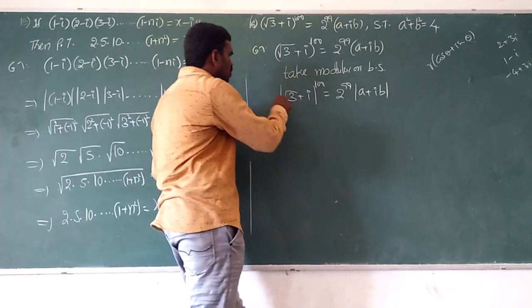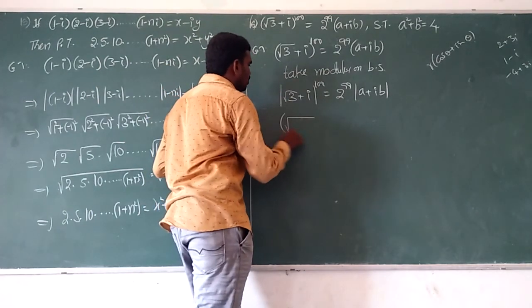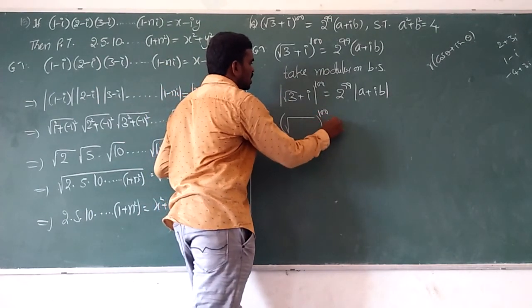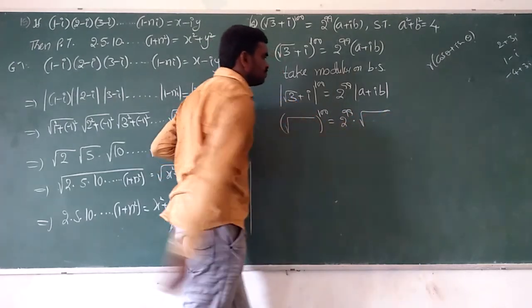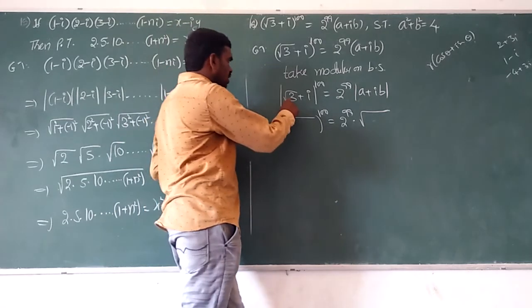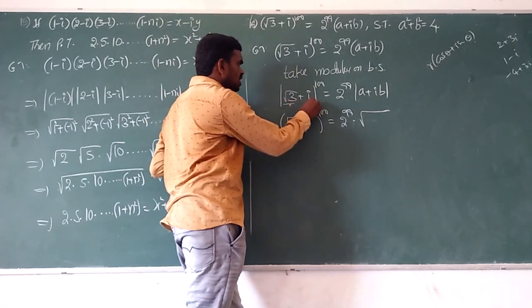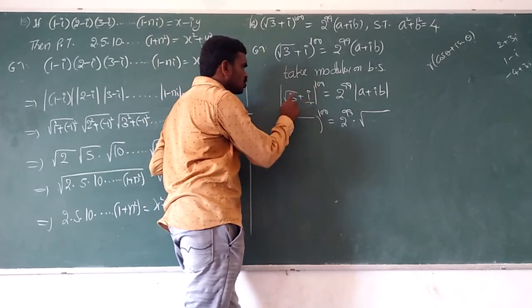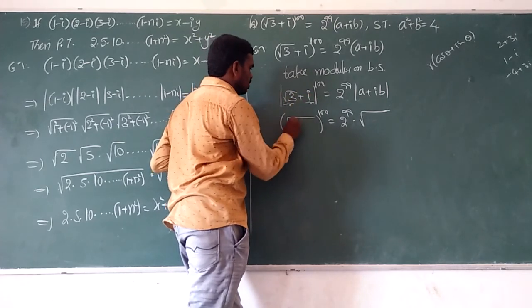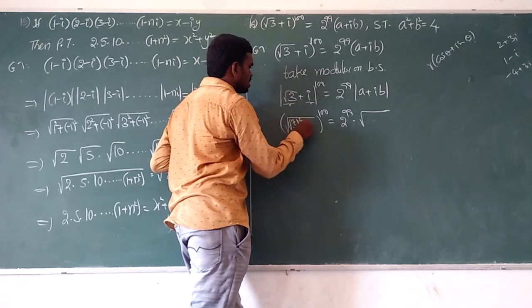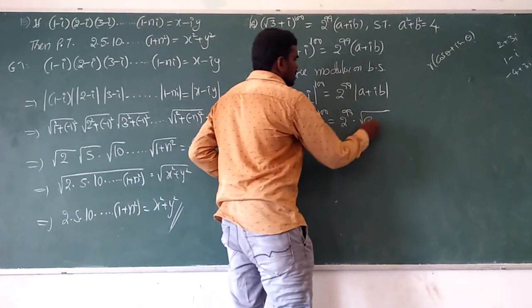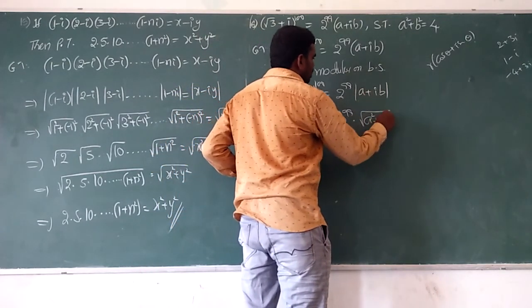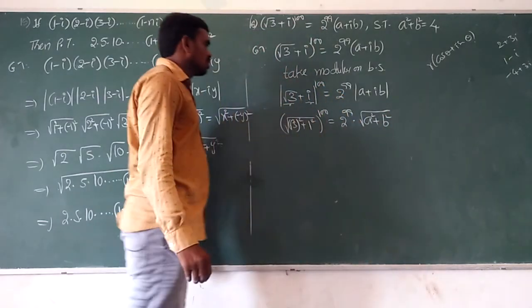Okay? So modulus means what? Root of, whole power 100, so 100 is there. 2 power 99 into root of, real part root 3, imaginary part coefficient of i is 1. So root 3 square plus 1 square is equal to root of a square, real part, imaginary part b, a square plus b square.